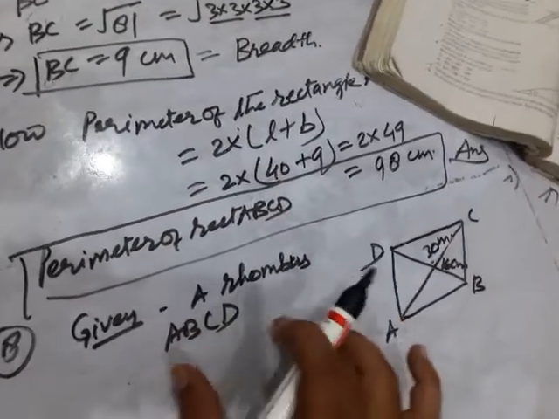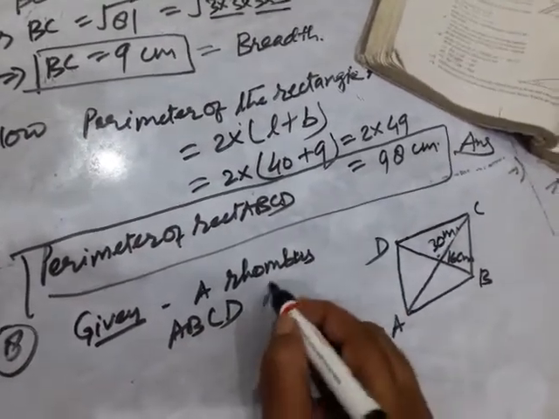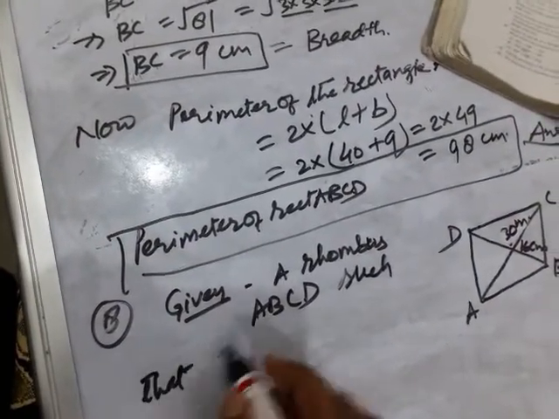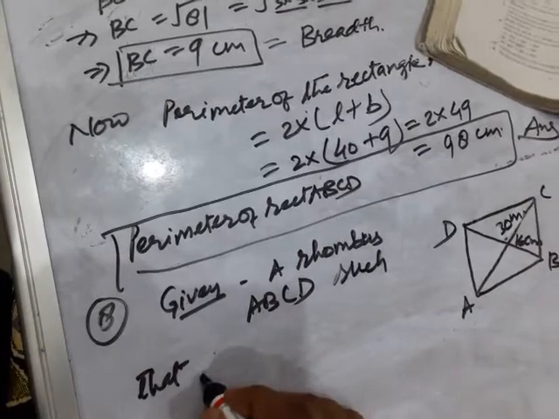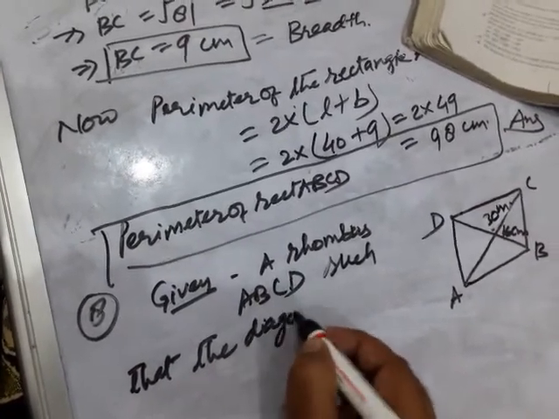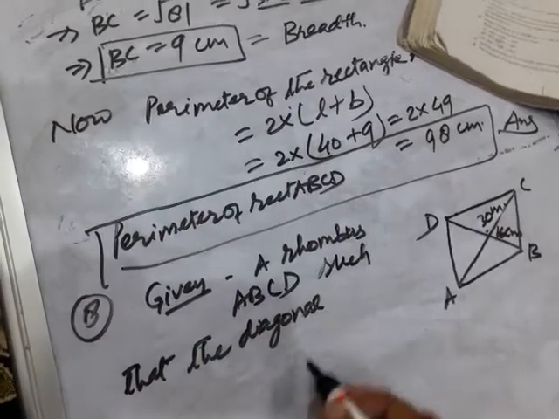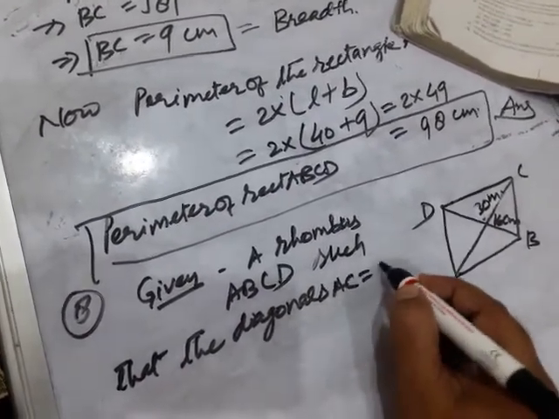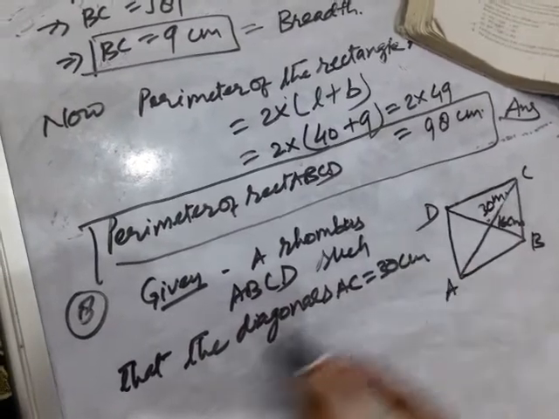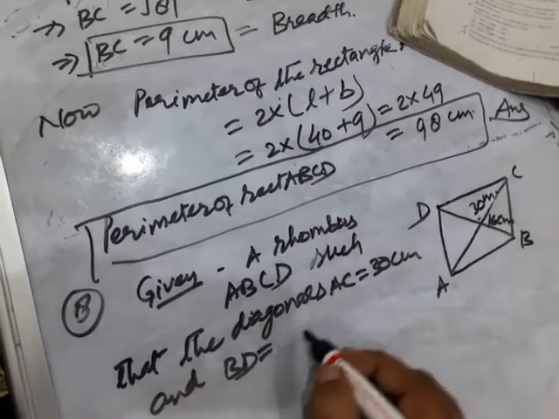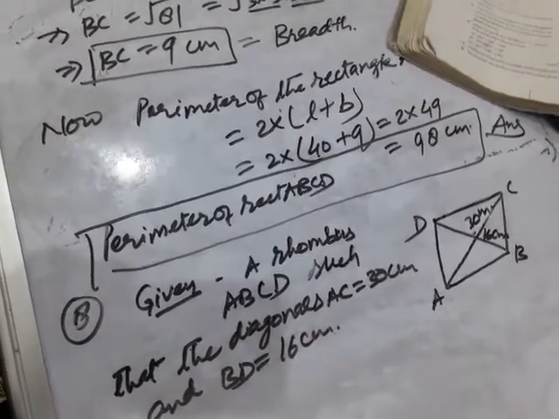A rhombus ABCD such that the diagonals AC equal to 30 centimeter and BD equal to 16 centimeter.